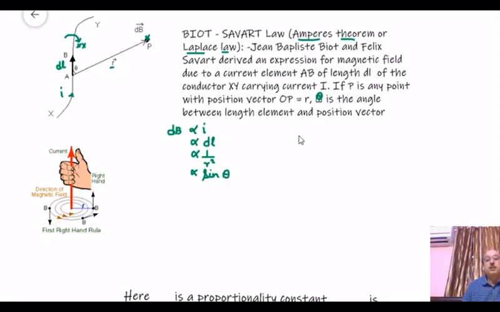Now, putting it together, we will get dB is proportional to I dl sine theta upon r square.